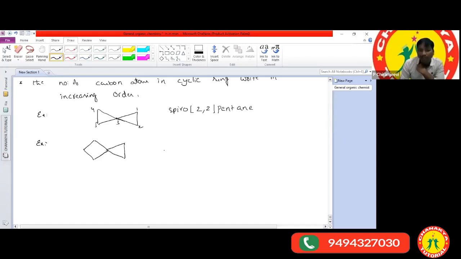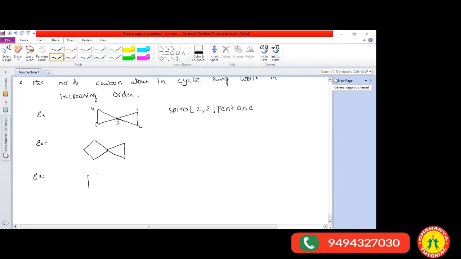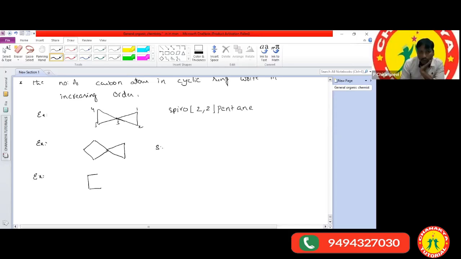What is the IUPAC name of the given compound? Spiro 3, 2 hexane. Is it correct?